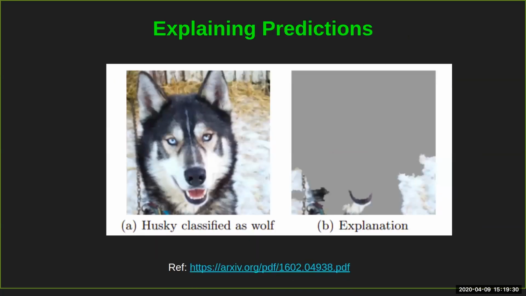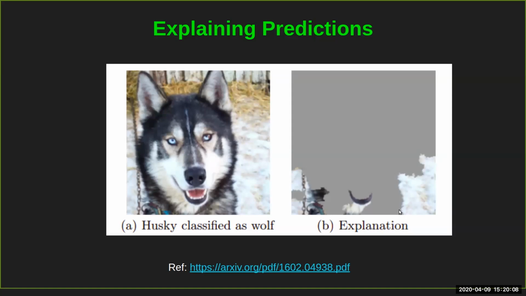There is one example again inside the same research paper where they created a model which classifies Siberian Huskies and wolves. Gray wolves and Siberian Huskies both look very similar, but when you generate a model, it was showing very good accuracy. The problem with that model can be identified with LIME. Using LIME, you can see that this particular husky is classified as wolf, and the reason is that it just looked at the background of that image.